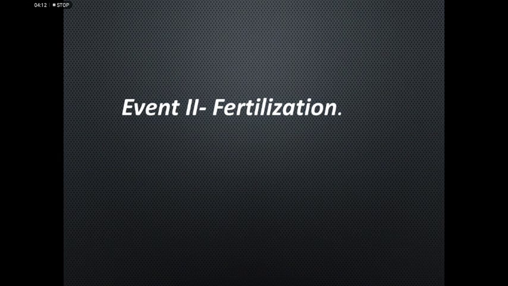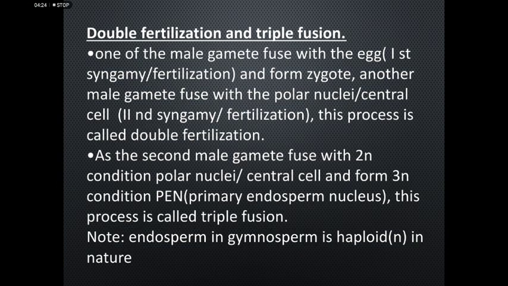Then the next stage is fertilization. Fertilization is the second event in the reproduction of flowering plants. Here there are two topics mainly: double fertilization and triple fusion. One male gamete fuses with the egg, that is first syngamy or fertilization, and forms the zygote.